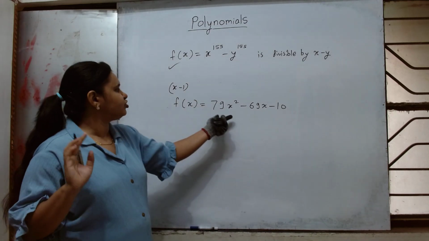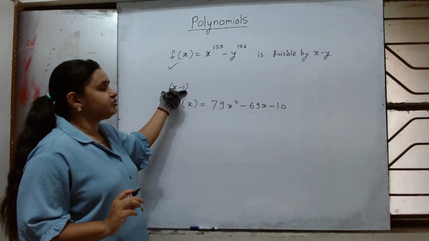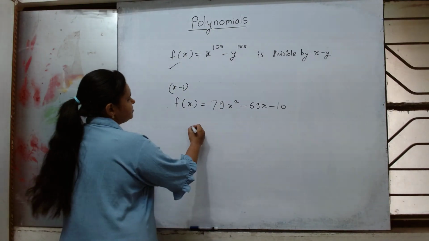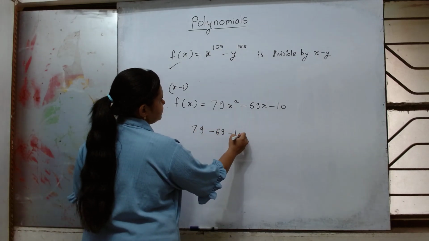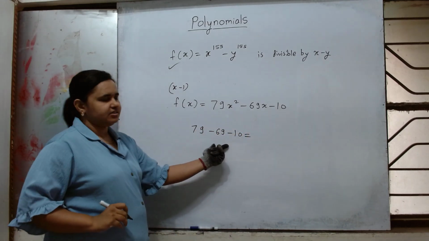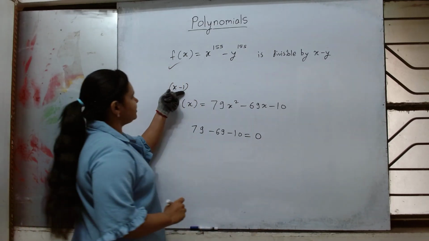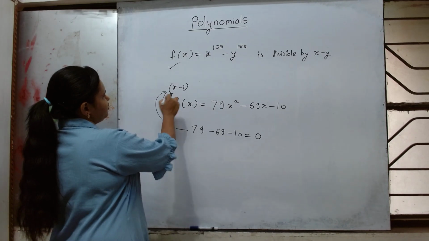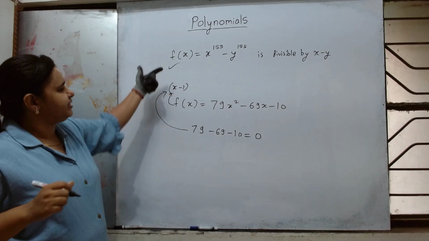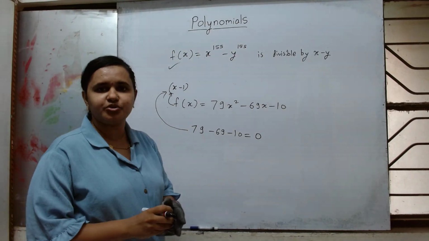If the sum of the coefficients is 0, then x minus 1 will be the factor. So just add the coefficients 79 minus 69 minus 10. 79 minus 69 is 10, 10 minus 10 is 0. So x minus 1 will be the factor of this polynomial. Okay. So first statement and second statement both are true. First option, both statements are true.